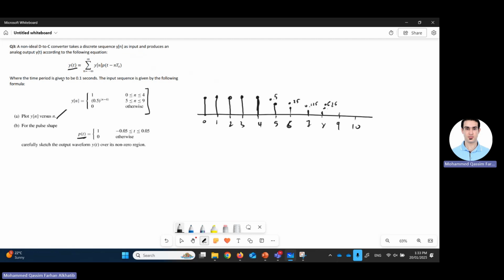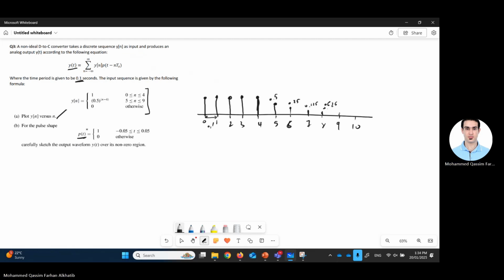Now there is one key point here: the time period is given to be 0.1 seconds. So those are samples in discrete. Now if I want to convert them into continuous time, the distance from one sample to another is 0.1.